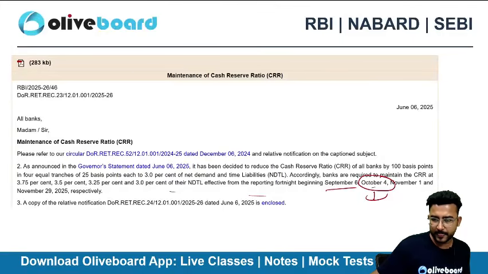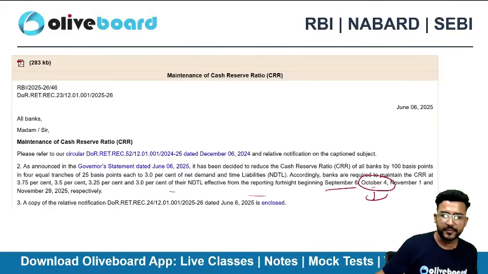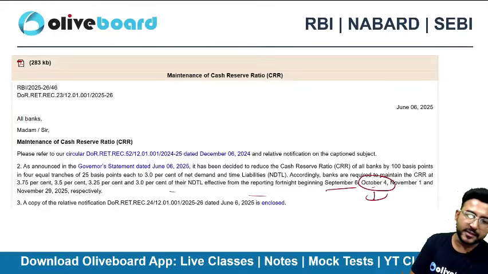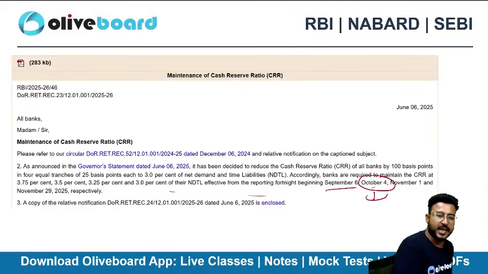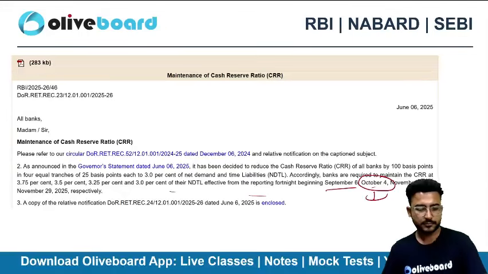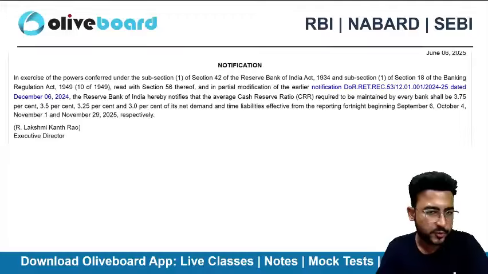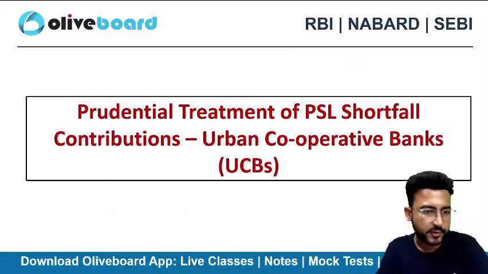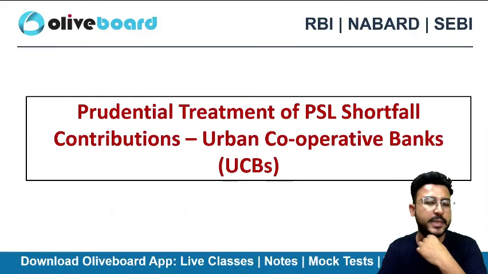I think it was Saturday, yeah. That's why the bank stocks are up today in the stock market. Why? Because there was a recent liquidity release due to the CRR cut on 4th of October, Saturday. Again, old news, because we already have a new monetary policy meeting of October.